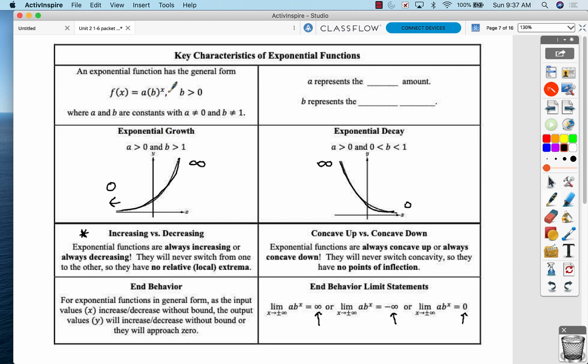If you start adding stuff outside of this, I didn't see it in the homework anywhere, but if I said like 3 times 2 to the x plus 2, now this is a vertical translation, so this whole graph would be going up 2. So then it wouldn't be 0, but I didn't see that, but you should be aware of that. Alright, let's see if there's anything else here.